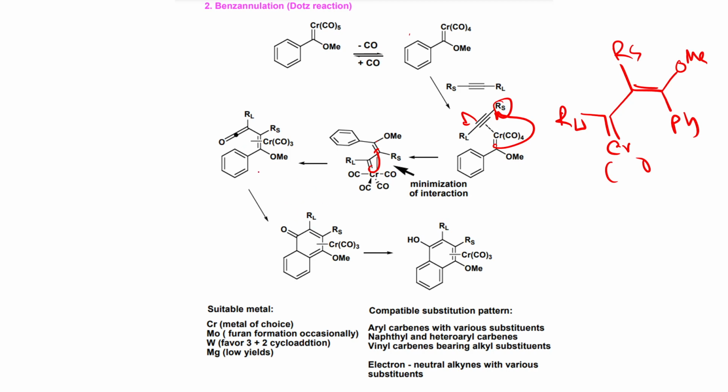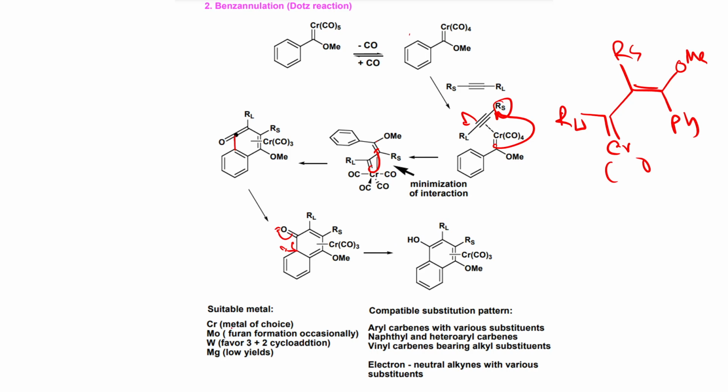And followed by again this cyclization leads to the benzene ring. Here this would be happening so that you can get aromatization, and ultimately you have this kind of product.